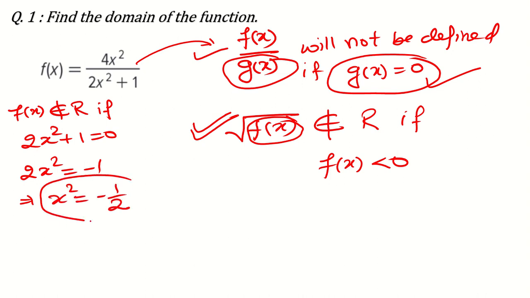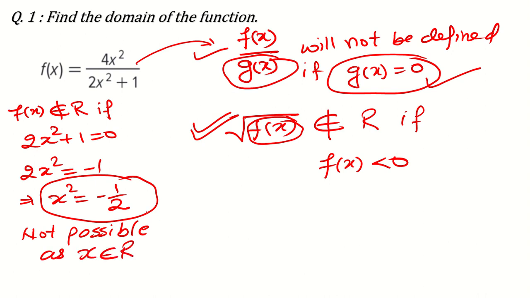Don't you think this expression is not possible? Why is it not possible? Because x is a real number, and the square of every real number is always positive or 0. It cannot be negative. So what does it mean? It means there is no value of x for which this expression will be undefined.